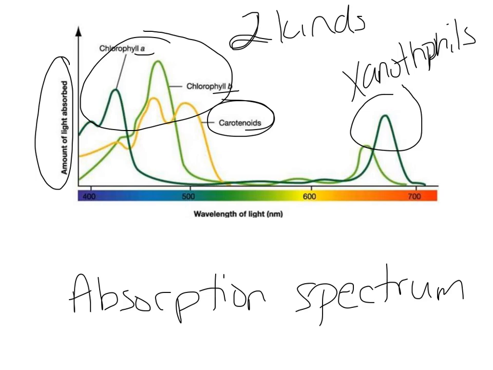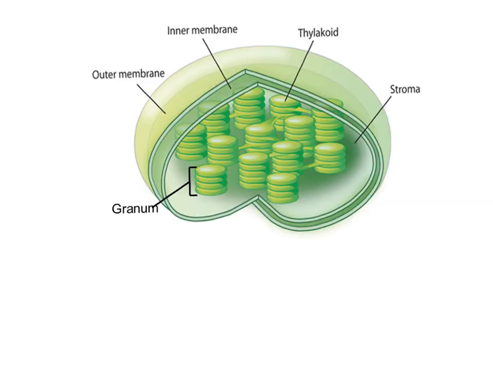So the plant looks green because the plant actually doesn't use the green wavelengths of light. Okay? The plant is using all those other wavelengths. But it's looking green because we see what is reflected back at us.